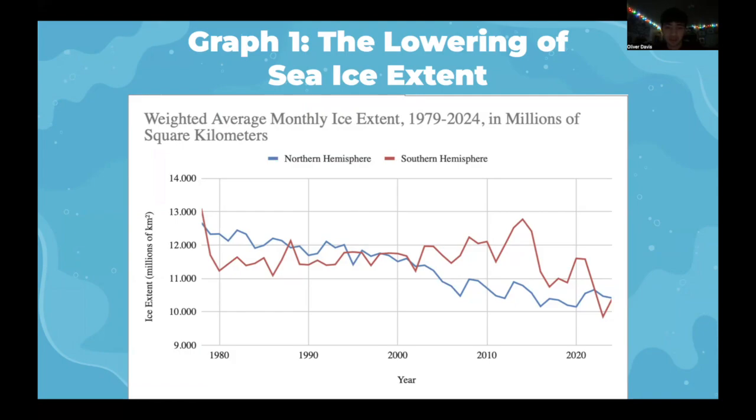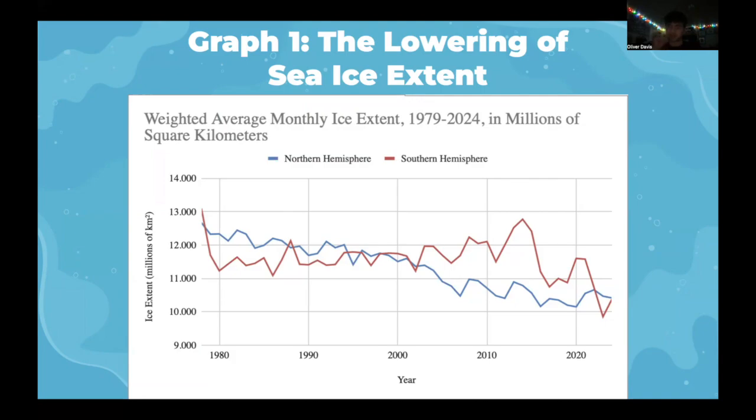We have years on the x-axis, and ice extent in millions of square kilometers on the y-axis. There's two lines, a blue one representing the northern hemisphere and a red one representing the southern hemisphere. Both of these lines have a negative slope, which demonstrates a downward trend in ice extent near both poles. You can see the northern hemisphere is a more gradual decline, but both of them have reached around the same area today.